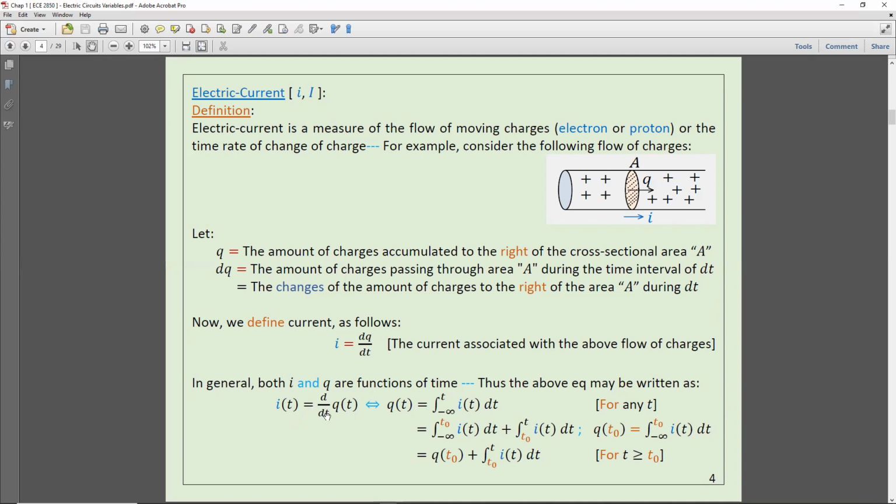That's what you will see in the next examples. If I give you Q of t, which means the total amount of charge to the right here at time t, all you have to do is use calculus to differentiate it with respect to time.